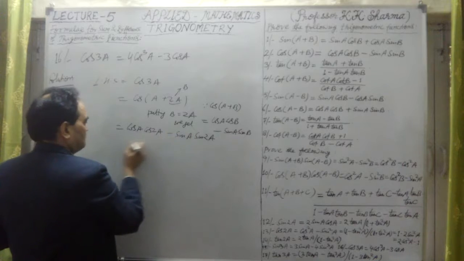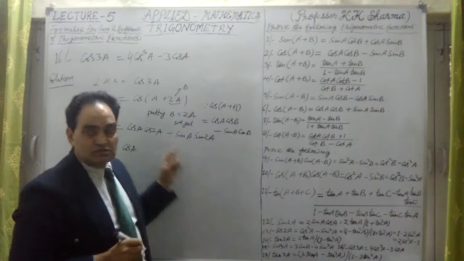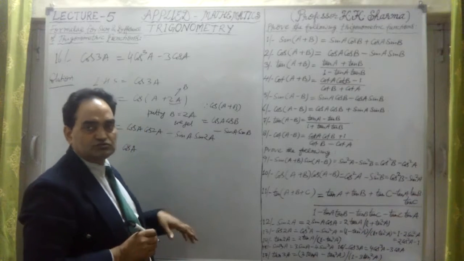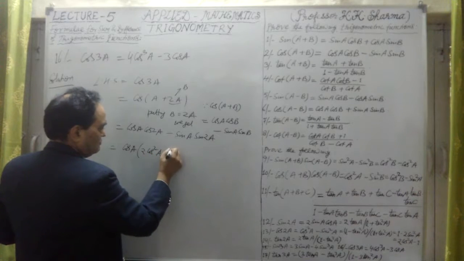Now let us convert them further. This is cos A. Now cos 2A in terms of cos is 2 cos square A minus 1. This is twice cos square A minus 1.